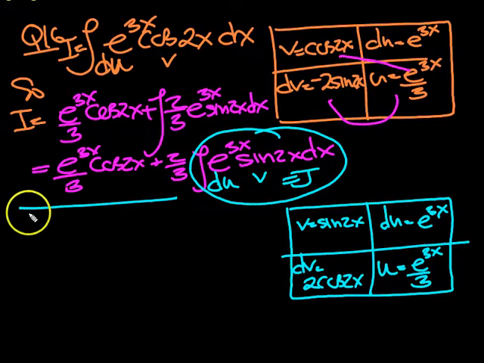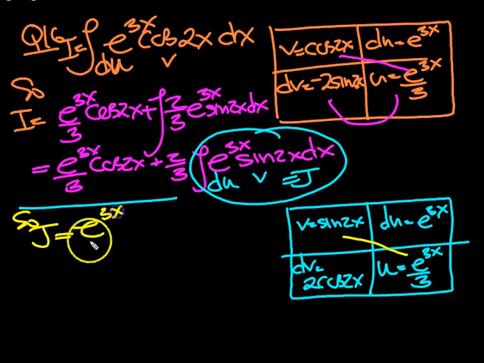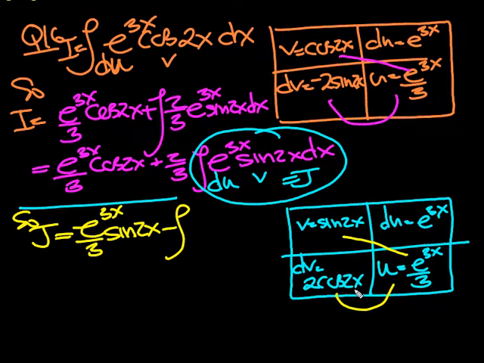Okay, so J equals then uv, which are these two, e to the 3x over 3 times sine 2x, that's those two, minus the integral of v du. So that will be e to the 3x cos 2x dx. The fraction was 2/3.